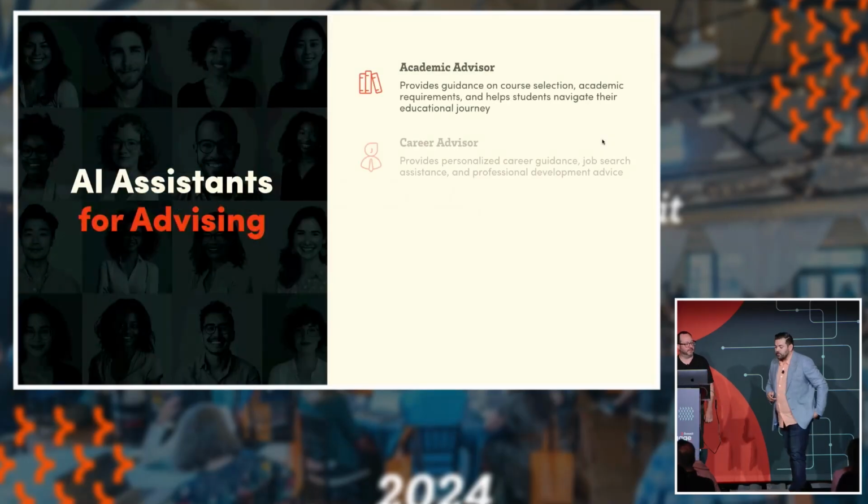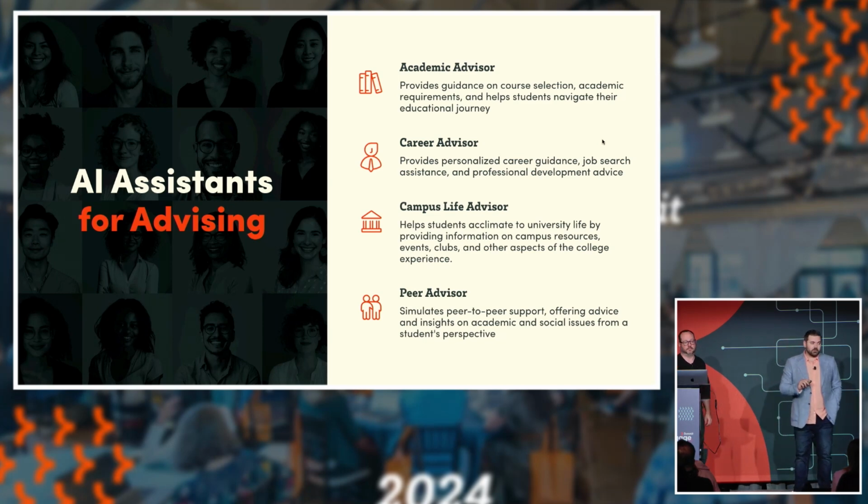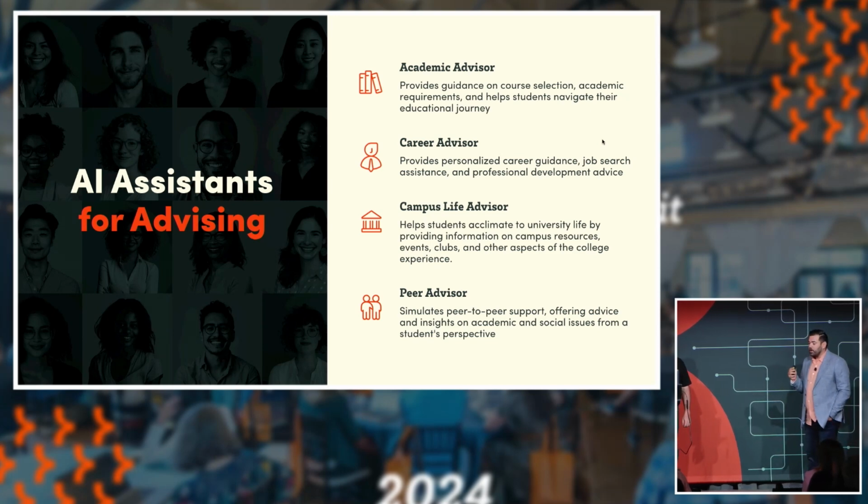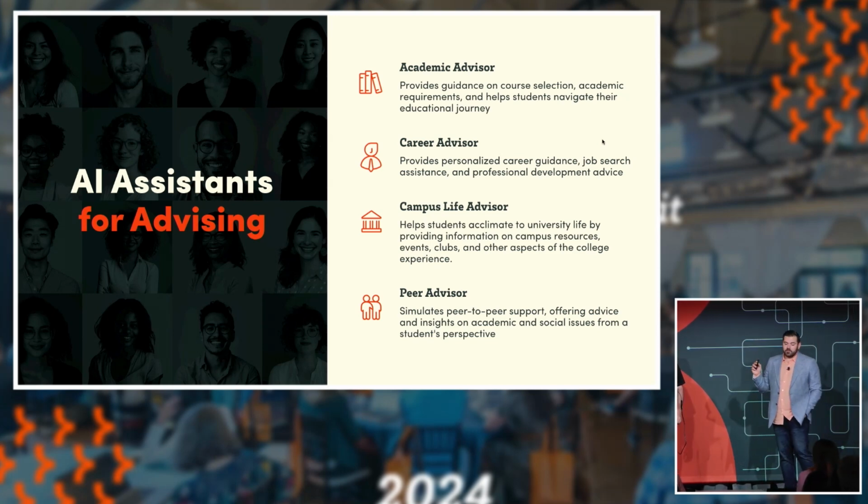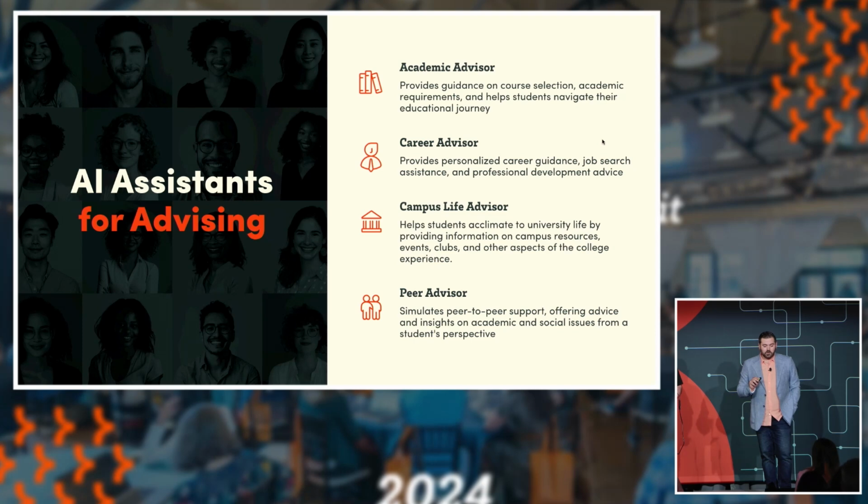So that's Bolt Discovery in the use case of student success, and it's going to be part of the portal, so those sharing capabilities, all of that stuff is going to be in there. Now, when we think about AI assistance for advising, we have 4 different assistant types around advising.